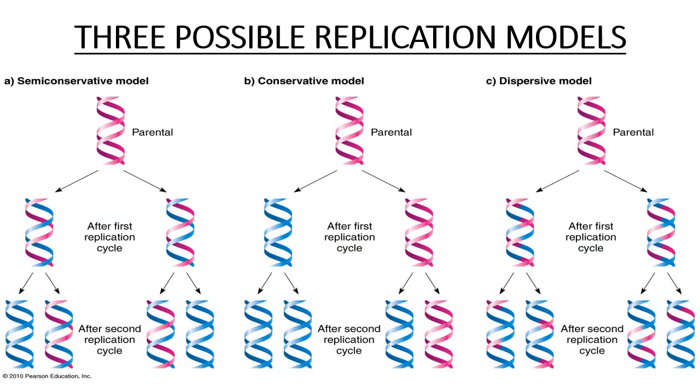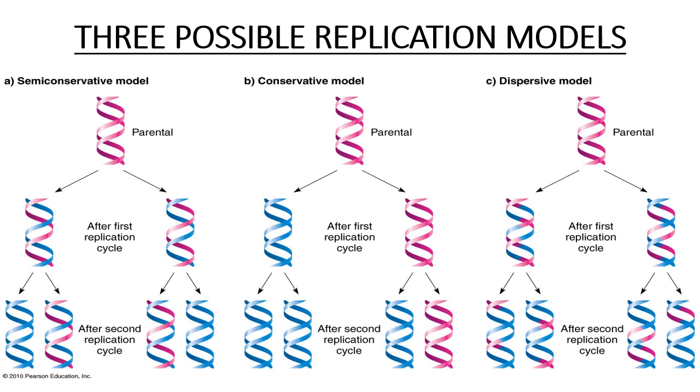This is a diagrammatic presentation of the three possible replication models. In the semi-conservative model, after the first replication cycle, one strand comes from the parental DNA and one strand is newly synthesized. One is new and one is original.